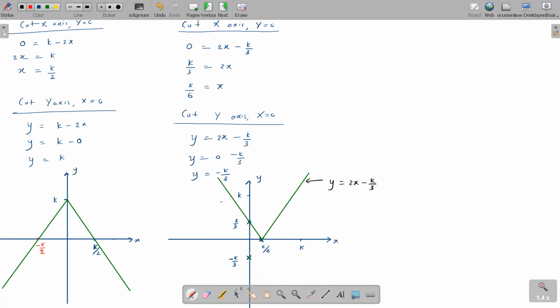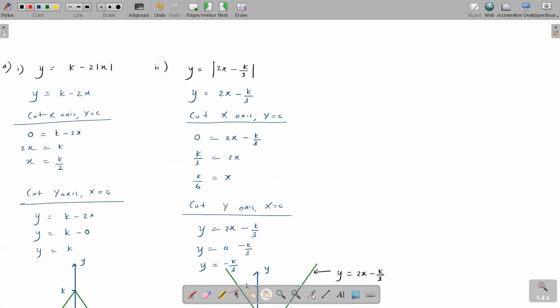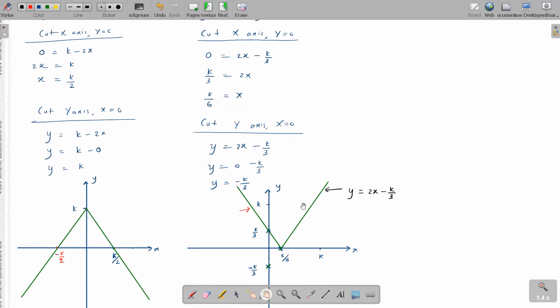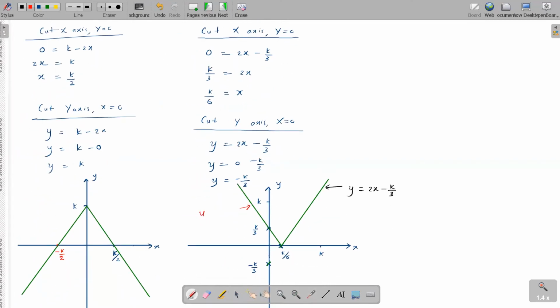Since this is a full modulus graph, the reflected graph will have the opposite sign of this entire section. The opposite sign of the entire section will be negative 2x plus k over 3. So the reflected graph has the equation y equals negative 2x plus k over 3.